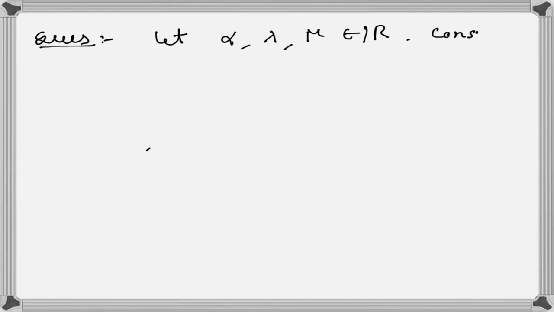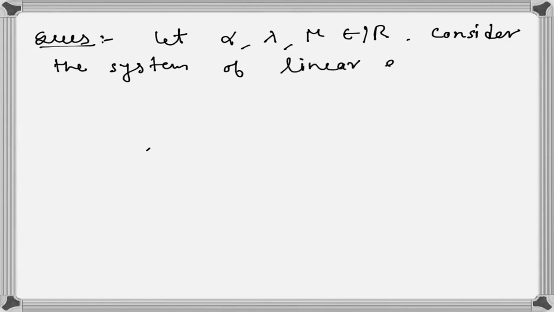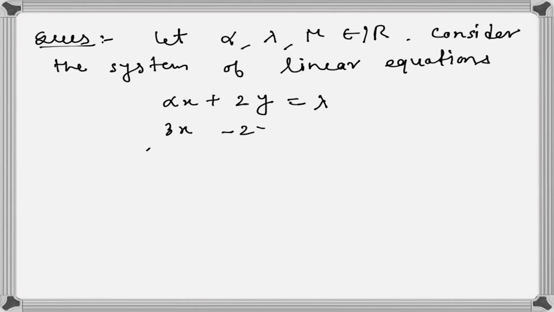Consider the system of linear equations alpha x + 2y = lambda.